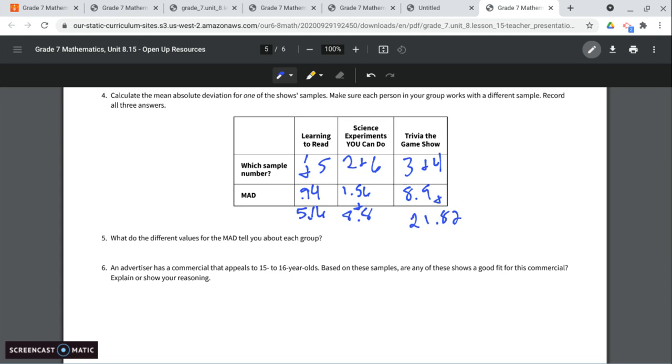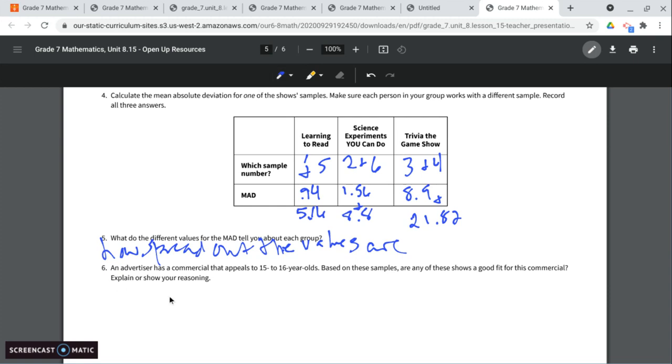In the second set, there was a lot more variability, and so that's why we have such large mean absolute deviations there. So for 5, it tells us how spread out the values are for each sample.